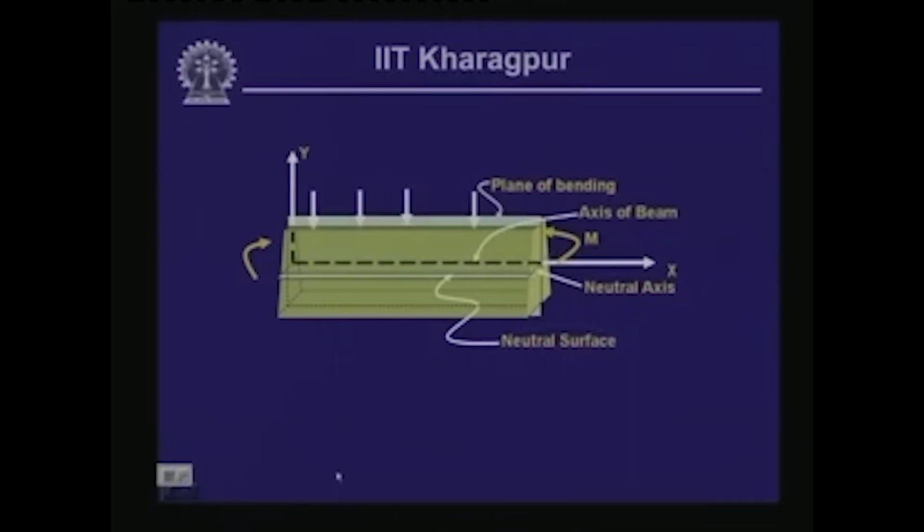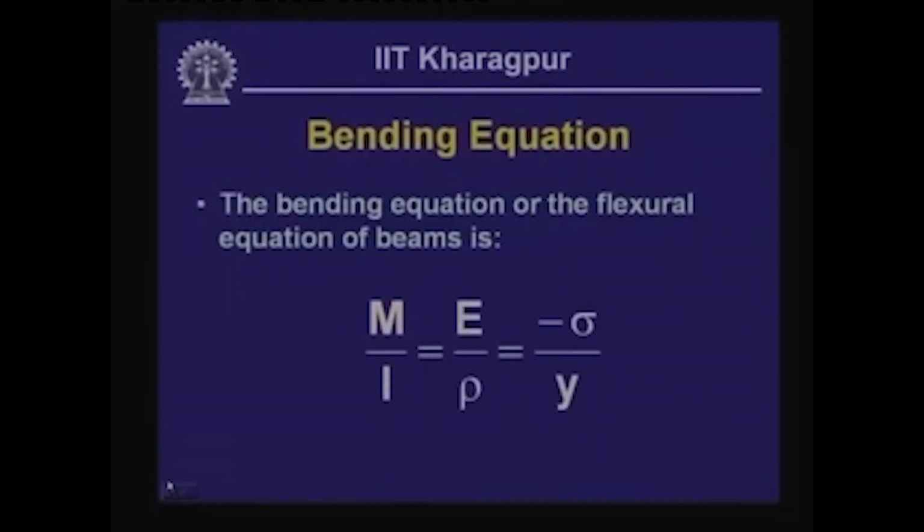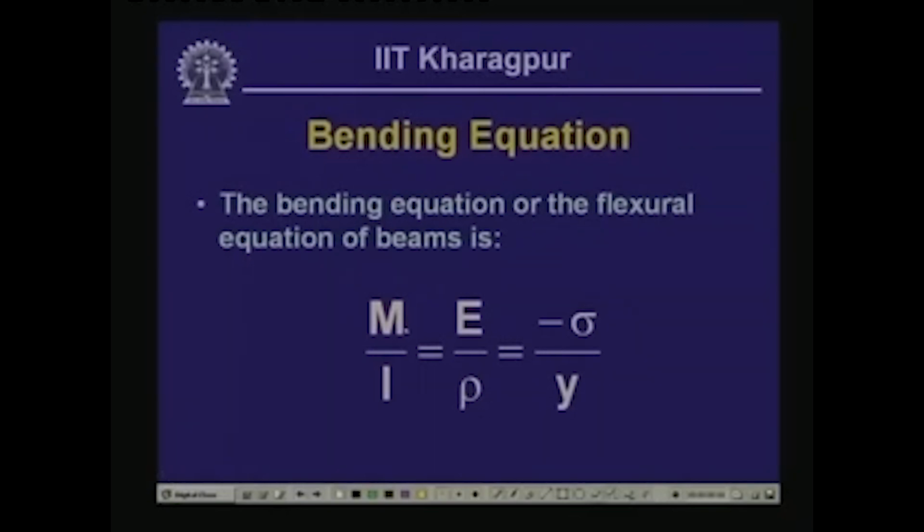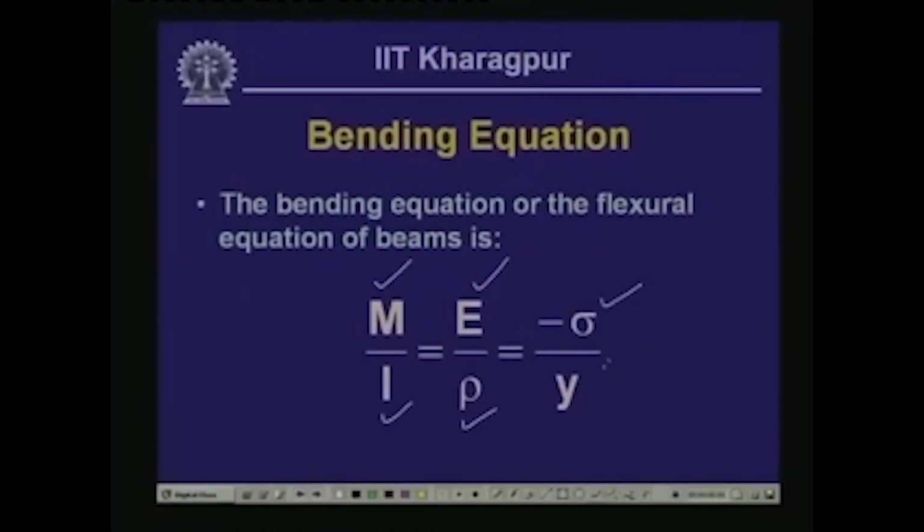Now, the bending equation which we get is of this kind, where M is the bending moment, I is the moment of inertia, E is the modulus of elasticity, rho is the radius of curvature of the neutral axis, sigma is the stress, and y is the distance of the point where we are trying to find the bending stress.